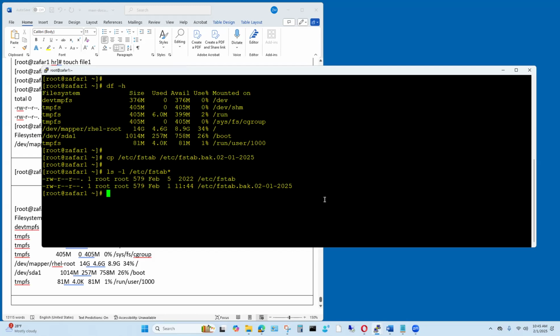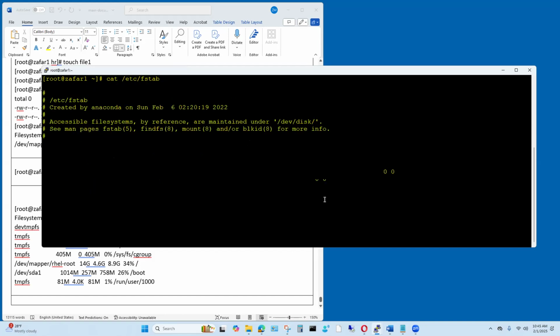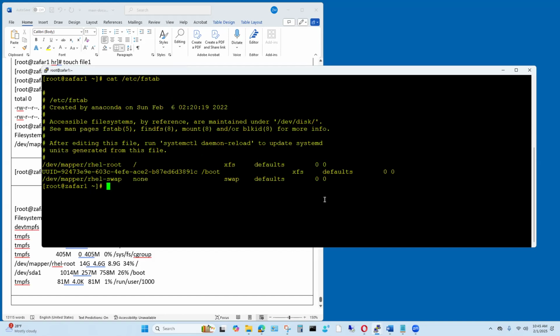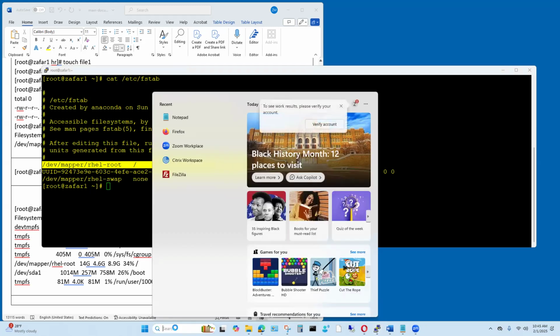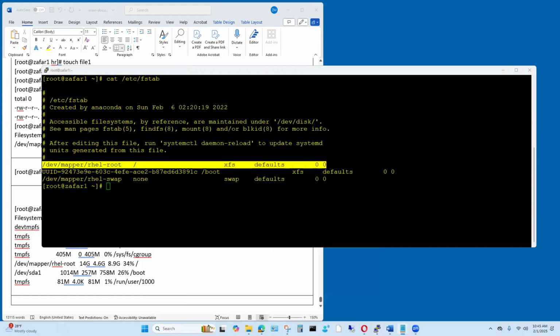Now we're going to edit the original file. Before editing, don't go in there yet. Clear the screen and do cat /etc/fstab. So what you have to do is copy this part here, and then open a notepad on your system.